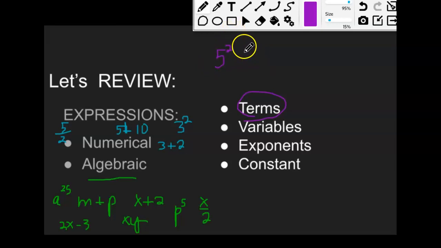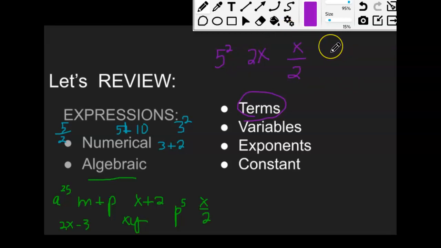So another one, I'm just going to give it to you guys so that we'll not confuse ourselves. That's 2x. 2x is 2 times x, written as 2x without a dot. That's an example of one term. If you have x over 2, that is another example of one term because it's not separated by addition or subtraction.